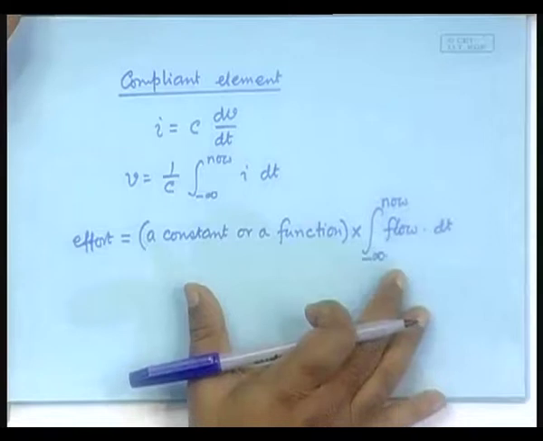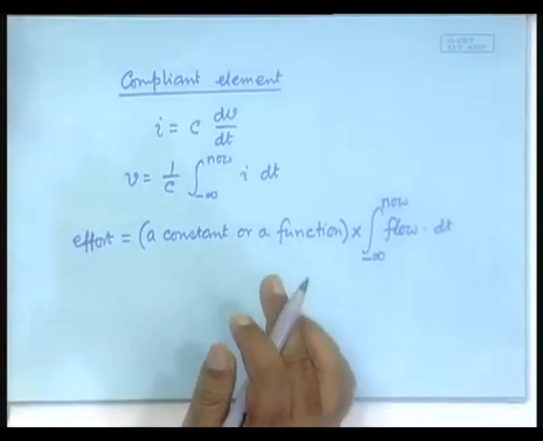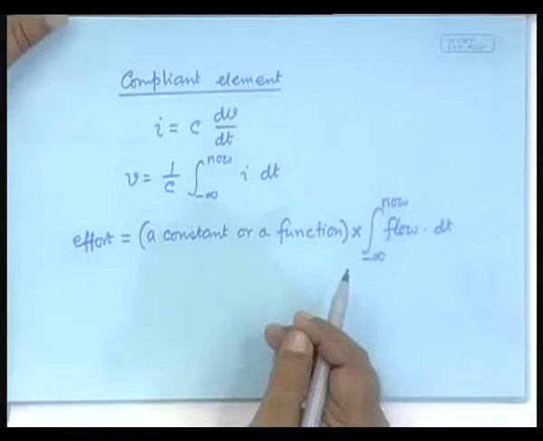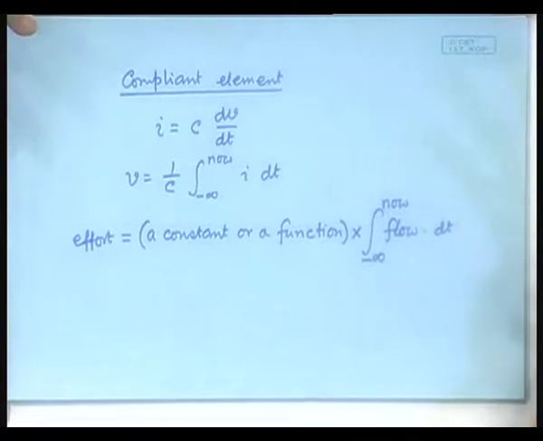Now, this particular statement is the definition of a compliant element. When we learnt earlier, it was a bit of a restrictive definition, but now you can easily understand there would be a compliant element in the thermal domain, and there would be a compliant element in the magnetic domain, which was not clear when we discussed only the spring and the capacitor.